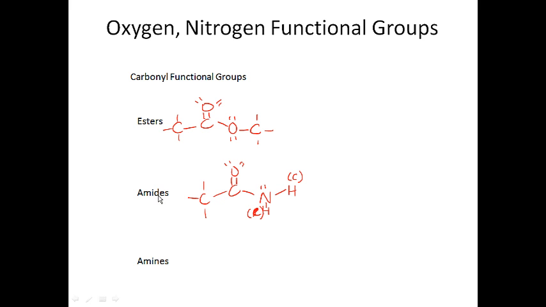If you've studied proteins in biology, proteins have a carbonyl group, an amide functional group, and they're just long chains of these, where the carbonyl of one chain might hydrogen bond to the nitrogen of another to make your proteins have either a beta sheet structure or an alpha helix.